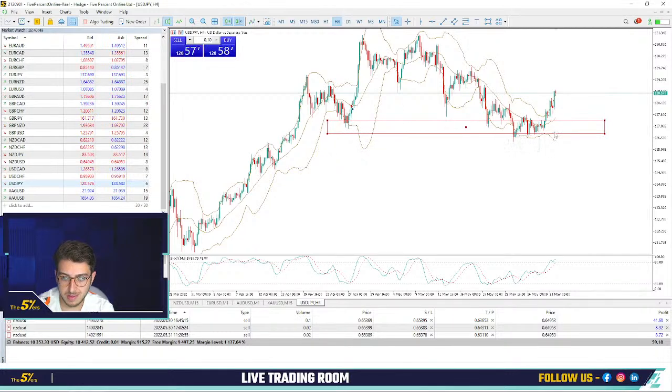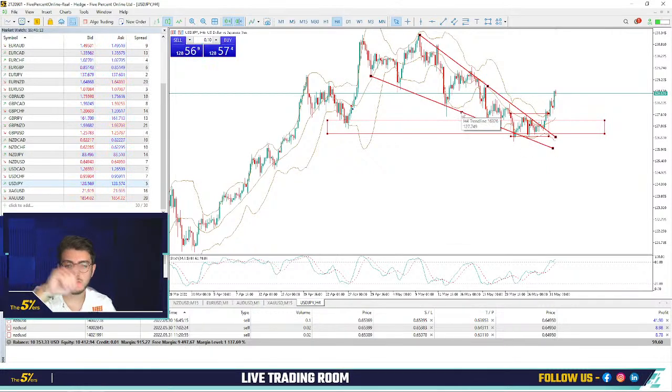We have this zone. When I see this type of consolidation zone where the price doesn't make a lower low, and also you see this structure here. We see clearly that the movement in terms of volatility is quite low.